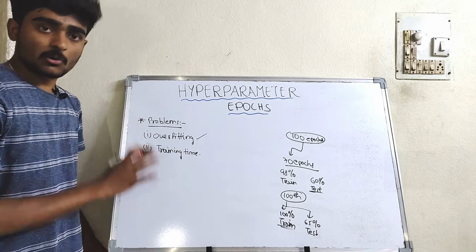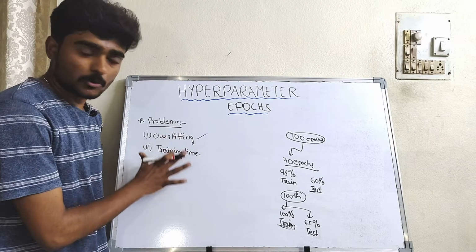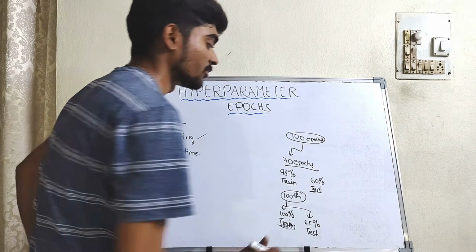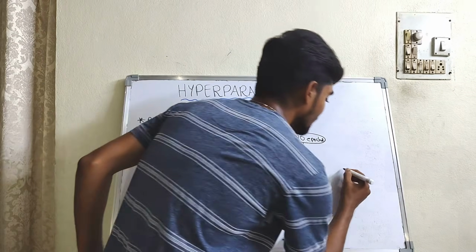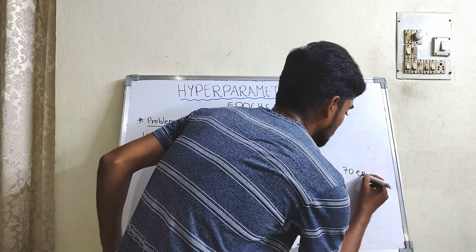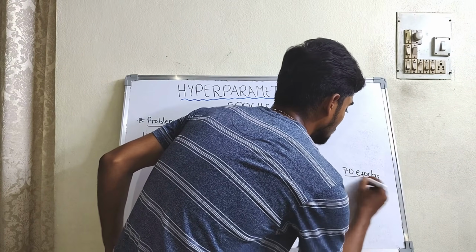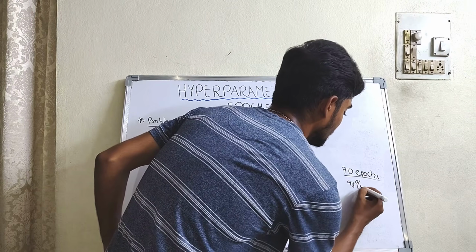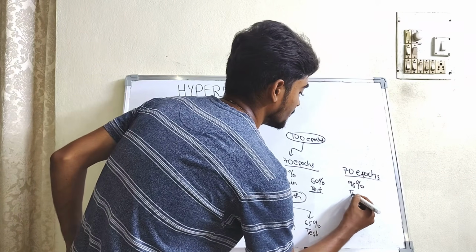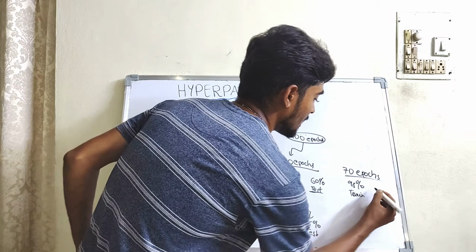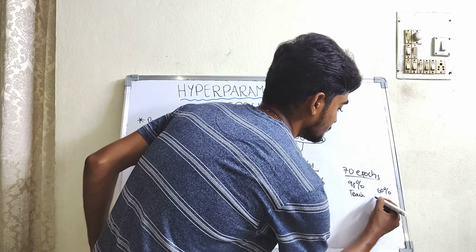Now to understand this second problem, let us take the same scenario, where around the 70th epoch we have got around 98% training accuracy and 60% test accuracy.